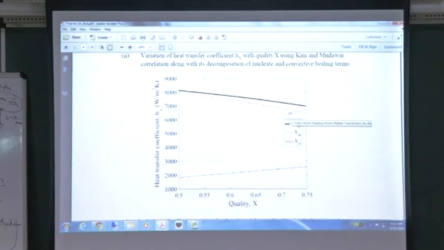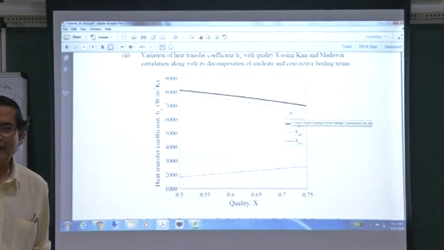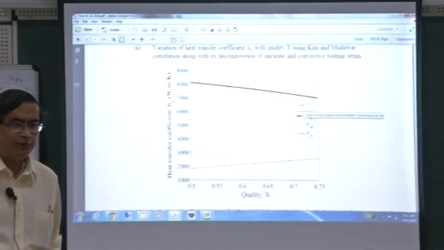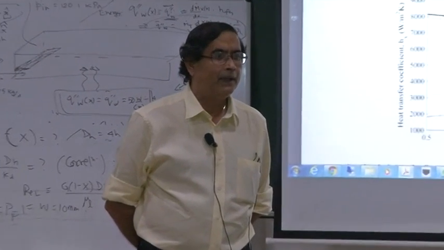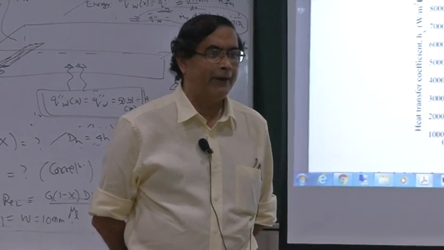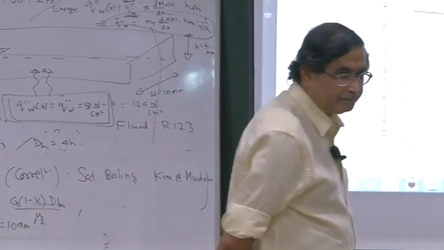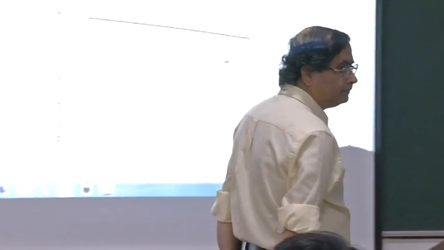Now that you have these numbers, can you take a guess and tell me what does he mean by this much is coming from convective boiling and this much is coming from nucleate boiling? Is there any clear or intuitive definition you would have? What would convective boiling heat transfer coefficient mean?